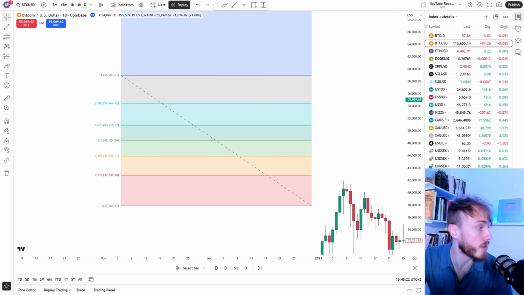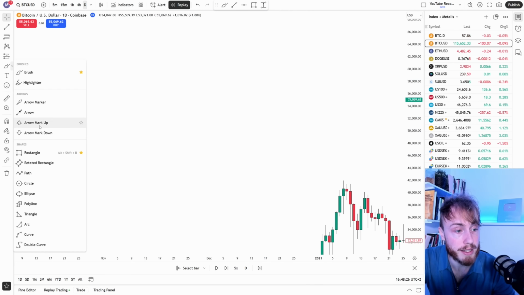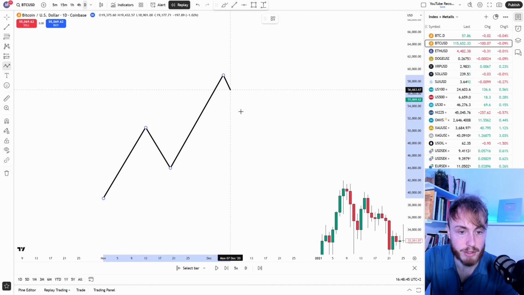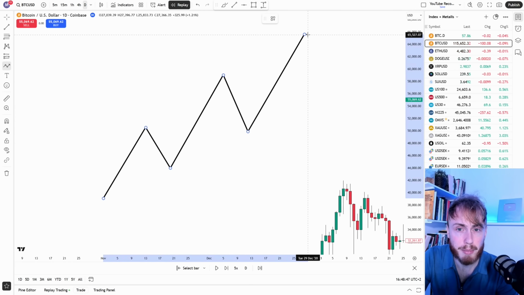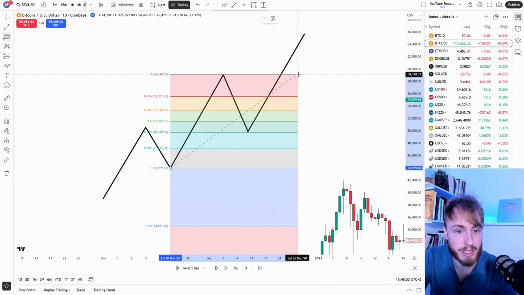So how we draw these levels is basically like this. Let me actually draw out a trend right here. So if we have a trend that looks something like this, what these numbers basically tell us, let's use the Fibonacci tool again, is that we draw it from a swing low to a swing high.